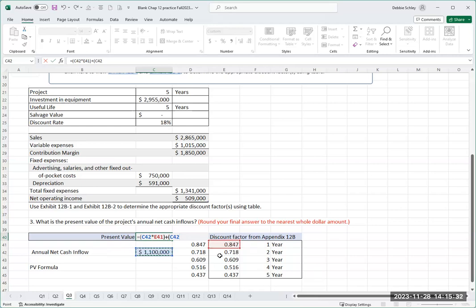There's, I'm sure, easier ways to do this, but I'm going to do it 1 year at a time just so you can see what I'm doing.